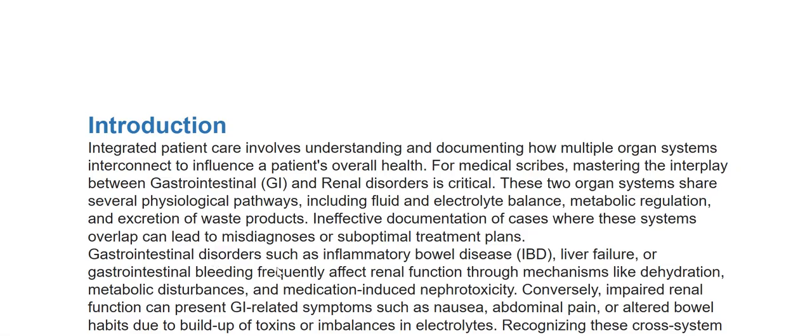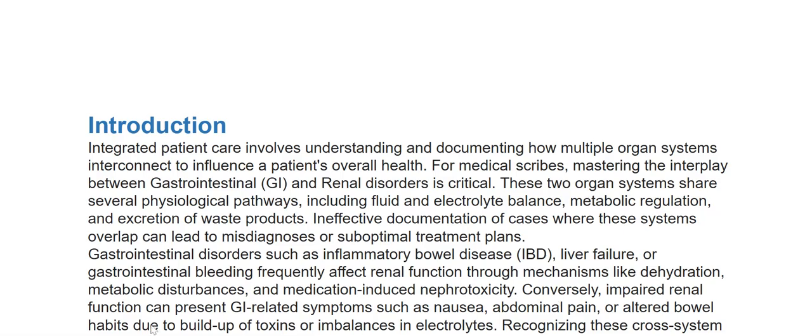Gastrointestinal (GI) disorders such as inflammatory bowel disease (IBD), which includes Crohn's disease (CD) and ulcerative colitis (UC), liver failure, or GI bleeding, frequently affect kidney function through mechanisms like dehydration, metabolic disturbances, and medication-induced nephrotoxicity.